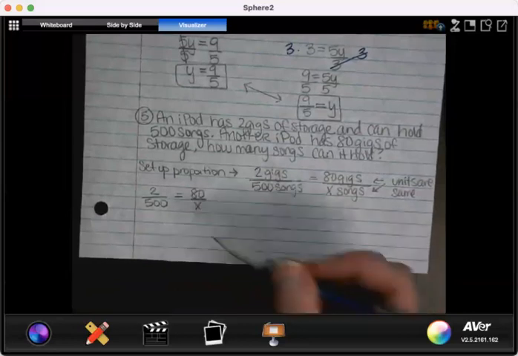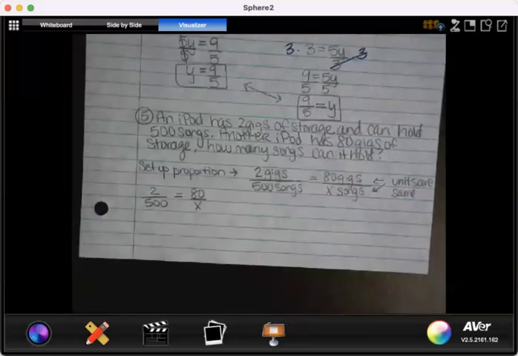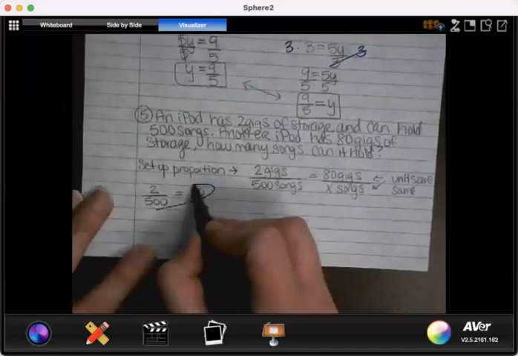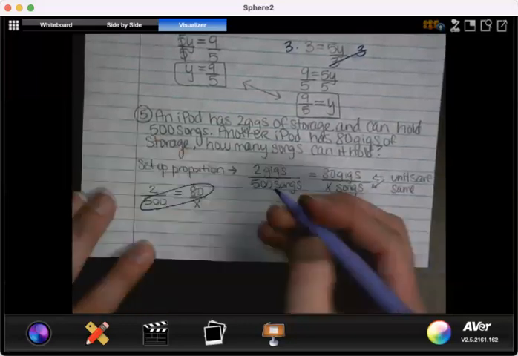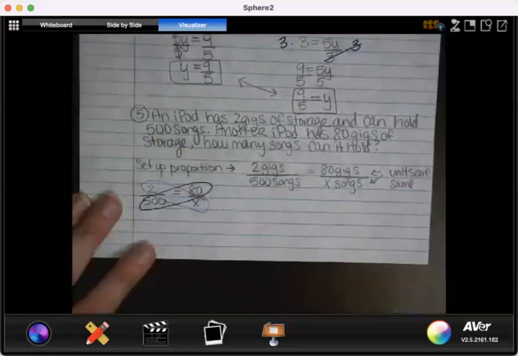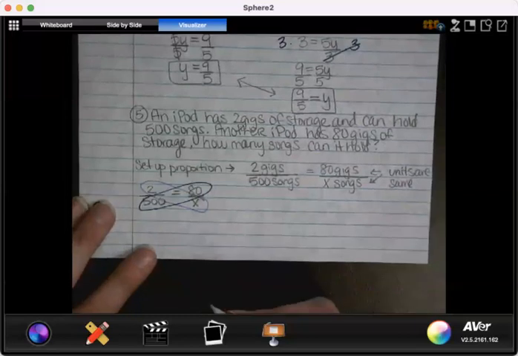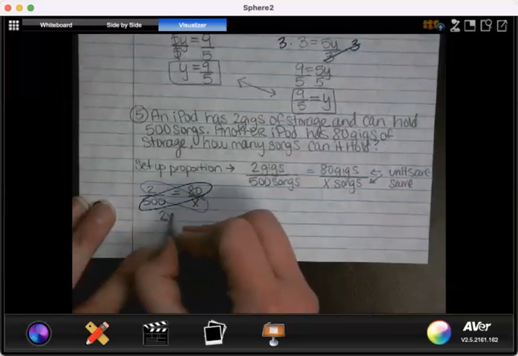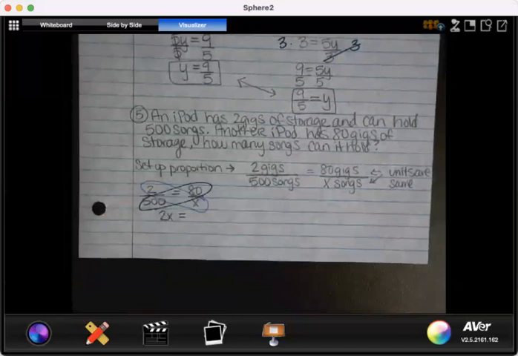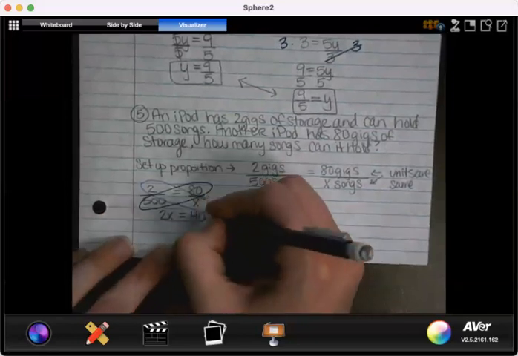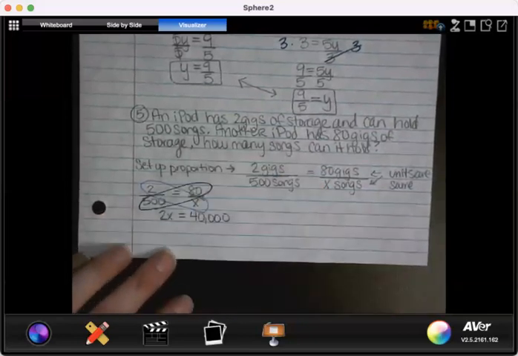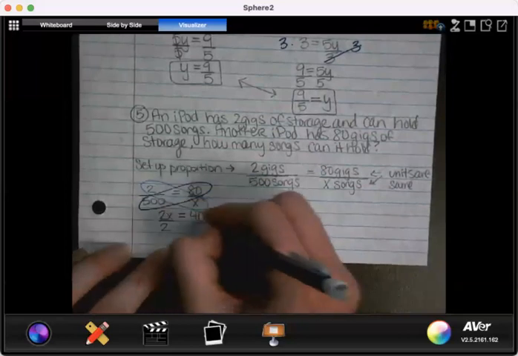And now it's going to look like a problem like 3 and 4, where I can cross multiply and solve. So I'm going to cross multiply. And I'm going to get 2x equals, and we're going to use our calculator, 500 times 80, unless you can do that in your head, is 40,000. And we divide by 2.